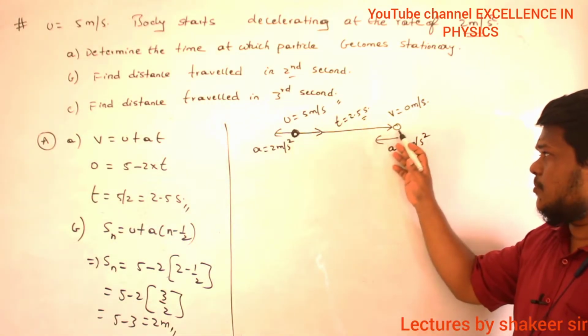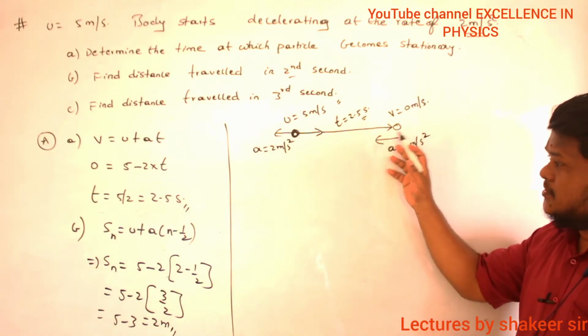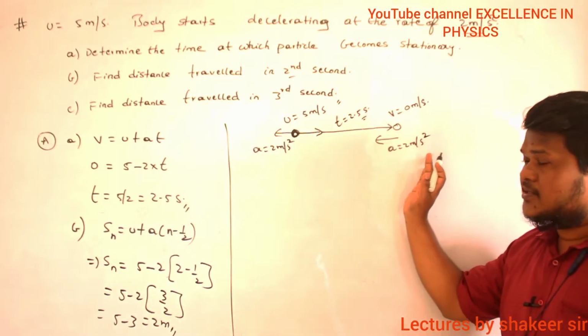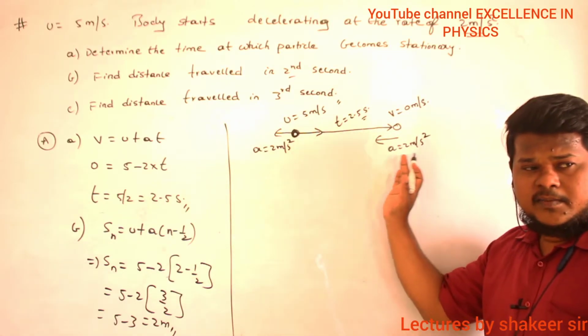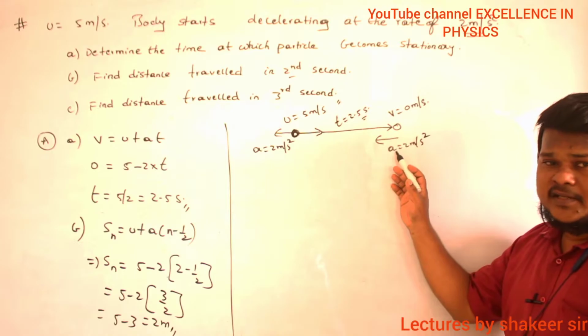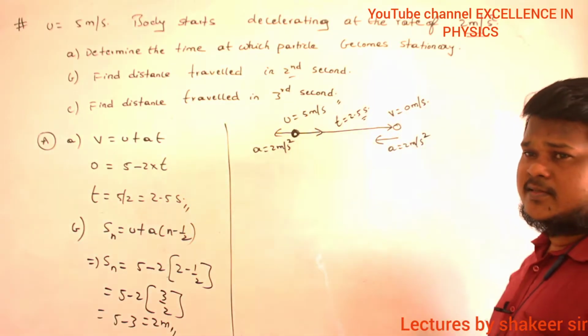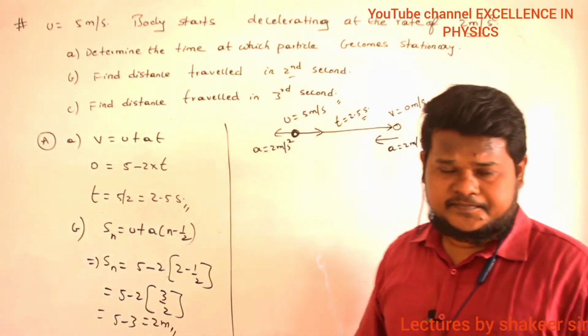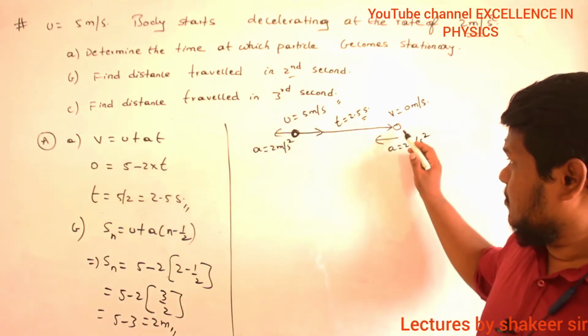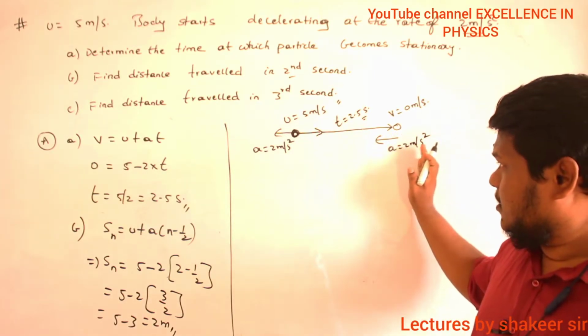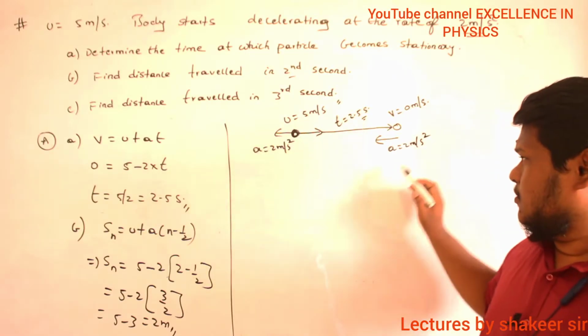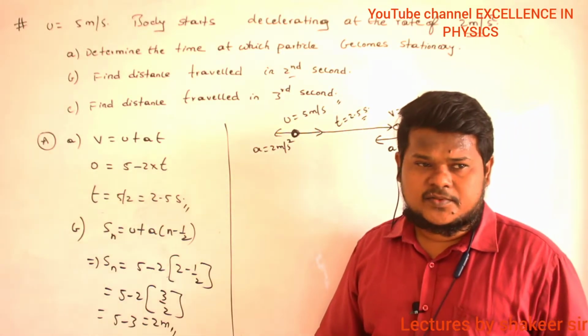Now after stopping, after 2.5 seconds, acceleration is still present, no? Again it starts accelerating in which direction? In the backwards direction, that is in the direction of acceleration, because acceleration is never zero. It is continuously acting. Are you able to understand? So from rest position, again it will travel in the opposite direction with an acceleration of 2 meter per second squared.